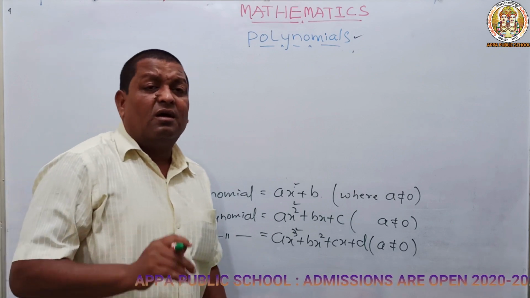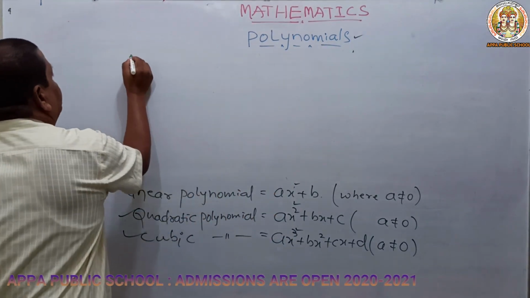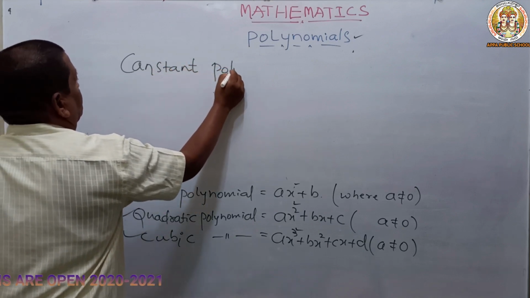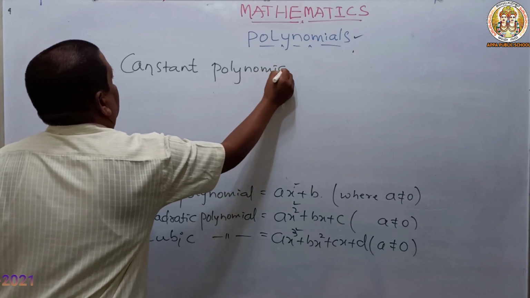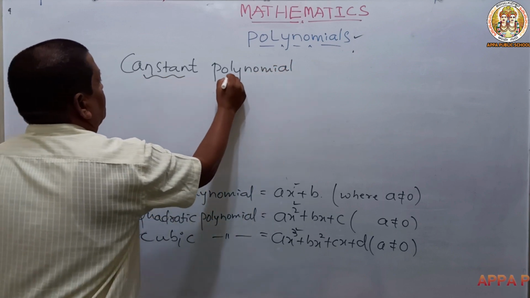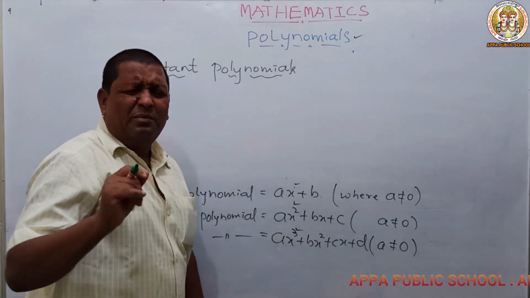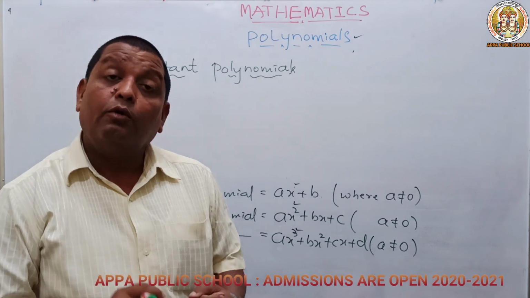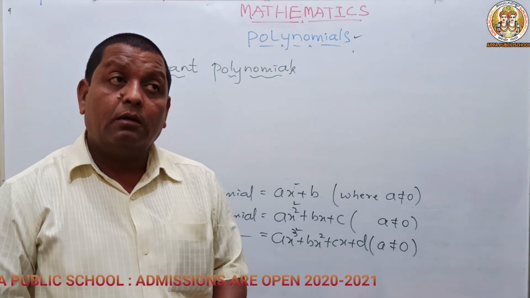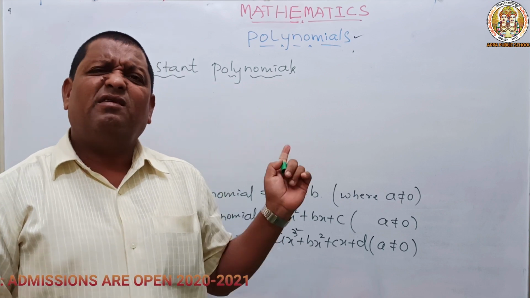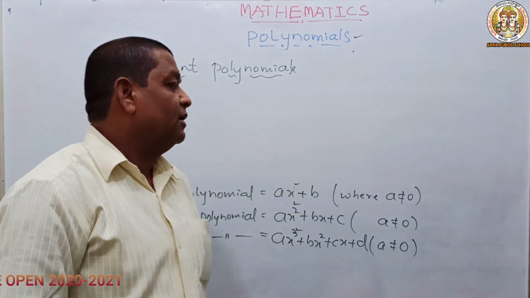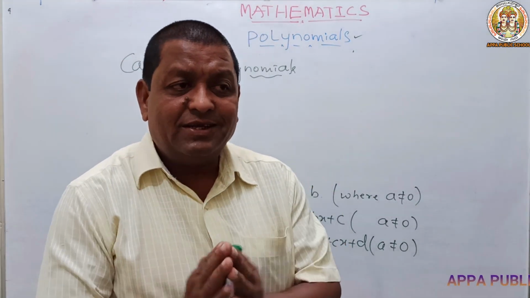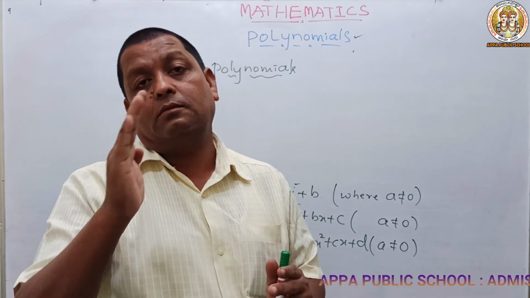Now we are moving to the constant polynomial. What do you mean by constant polynomials? We know linear, quadratic, cubic, nth degree. What is this constant polynomial? Suppose an expression contains variables and constants.